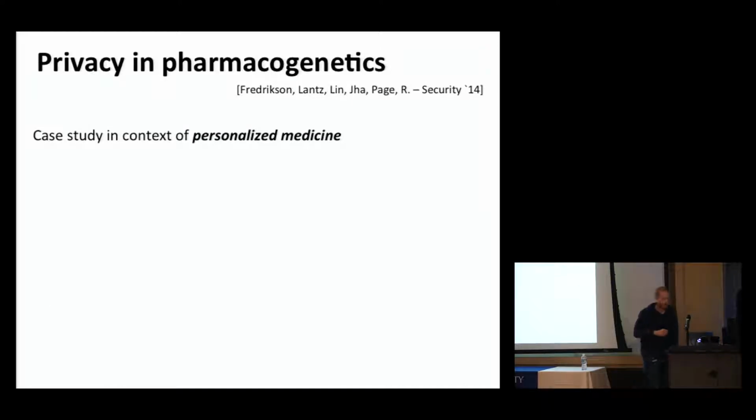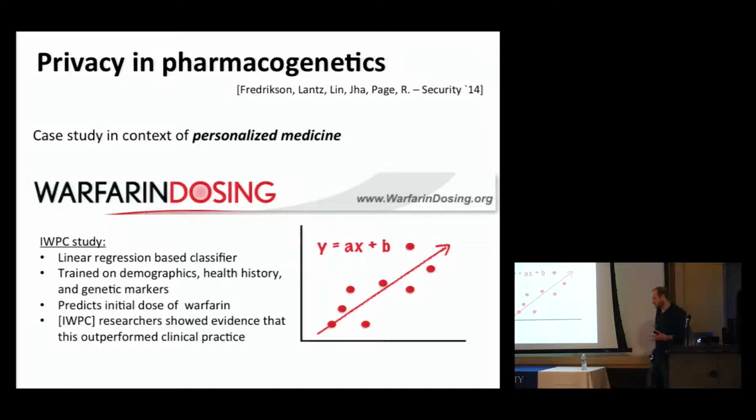So we'll start with this context of personalized medicine, which is where we got our start on this idea of model inversion. In particular, we were looking at what's called pharmacogenetics, which is the idea that doctors can take advantage of outcomes data generated during research studies that has information about people's demographics, their health history, their genetic markers, and also their outcomes under treatment, to help train a machine learning model to predict how best to treat future patients.